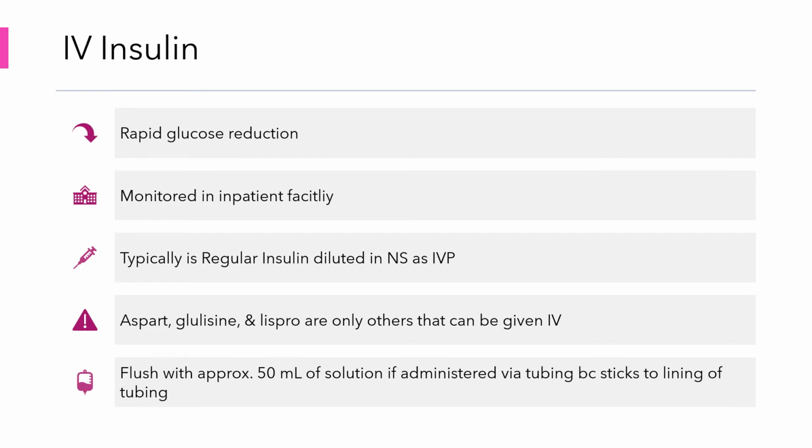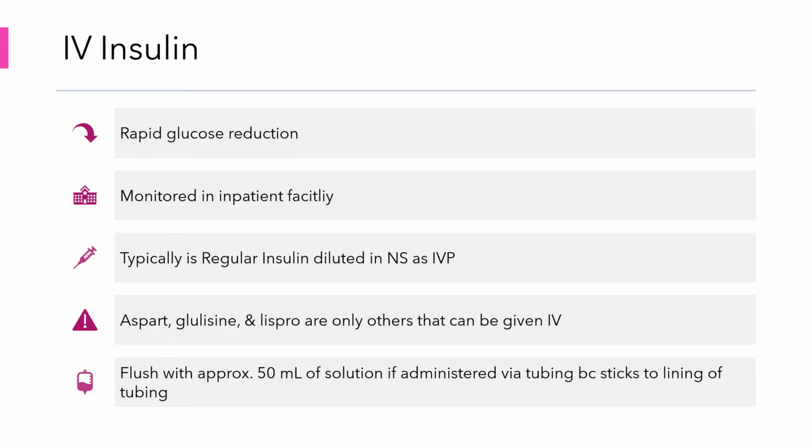IV insulin. So insulin can also be given through the IV route, but this is usually when we need a rapid glucose reduction. So we're concerned of HHNS or DKA, or it could be very soon, so we need to drop that blood sugar. These are clients that will be monitored in the inpatient facility, in the hospital, or the ER somehow.